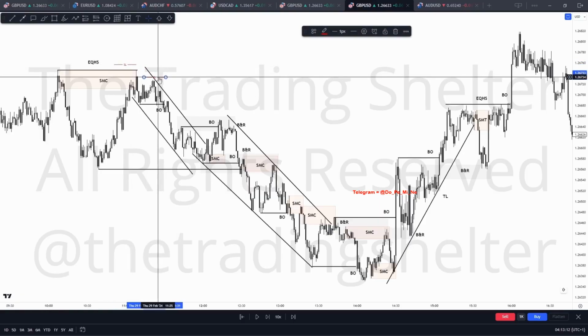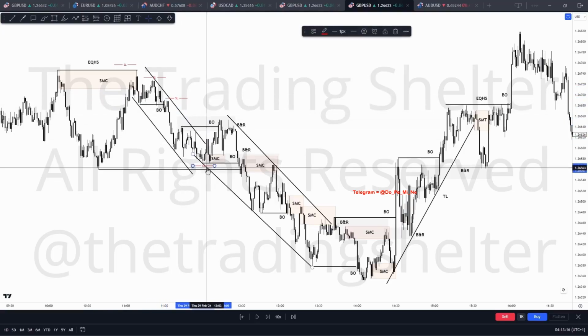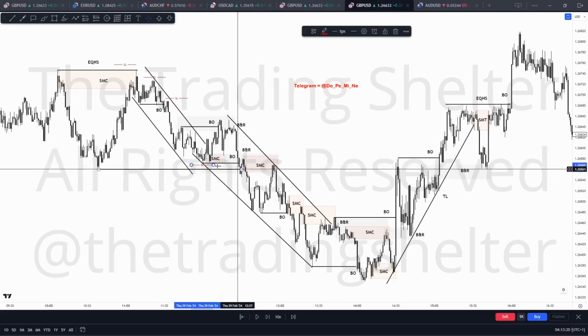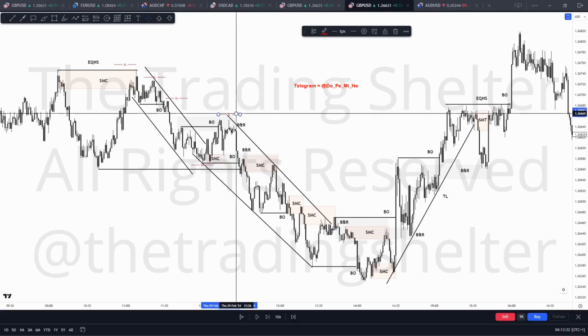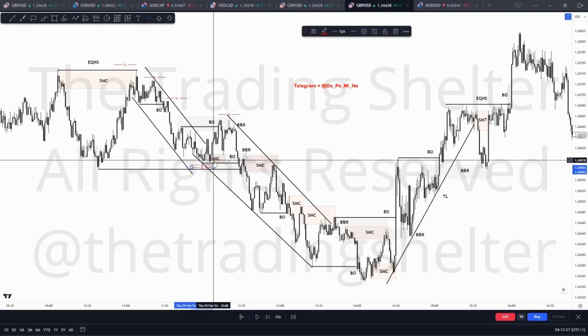So we have here. We also have here because of that trend line. So we have here because the breakouts are going higher. Now we have break and retest traders selling from here. We also have a second stop loss here because of SMC traders.